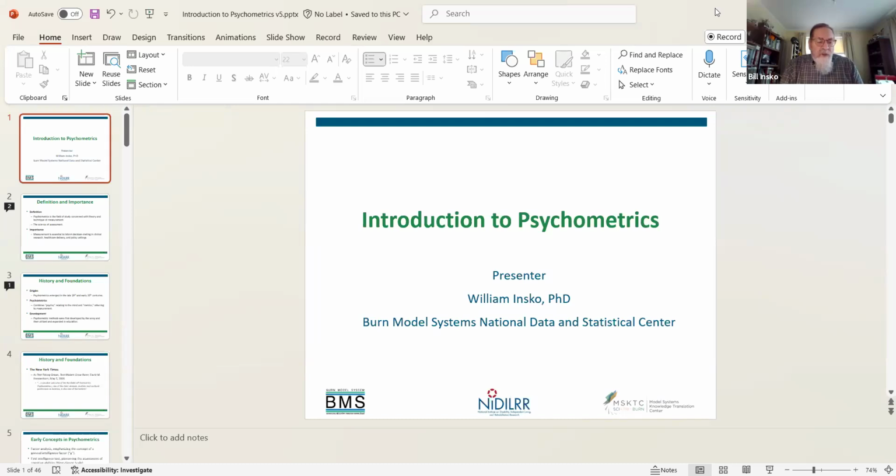And so what I'm going to cover today is literally an inch deep and a mile wide. If you open any intro textbook in psychometrics, you're going to see chapters on reliability, validity, test construction, item development, classical test theory, item response theory, factor analysis, and things like that.